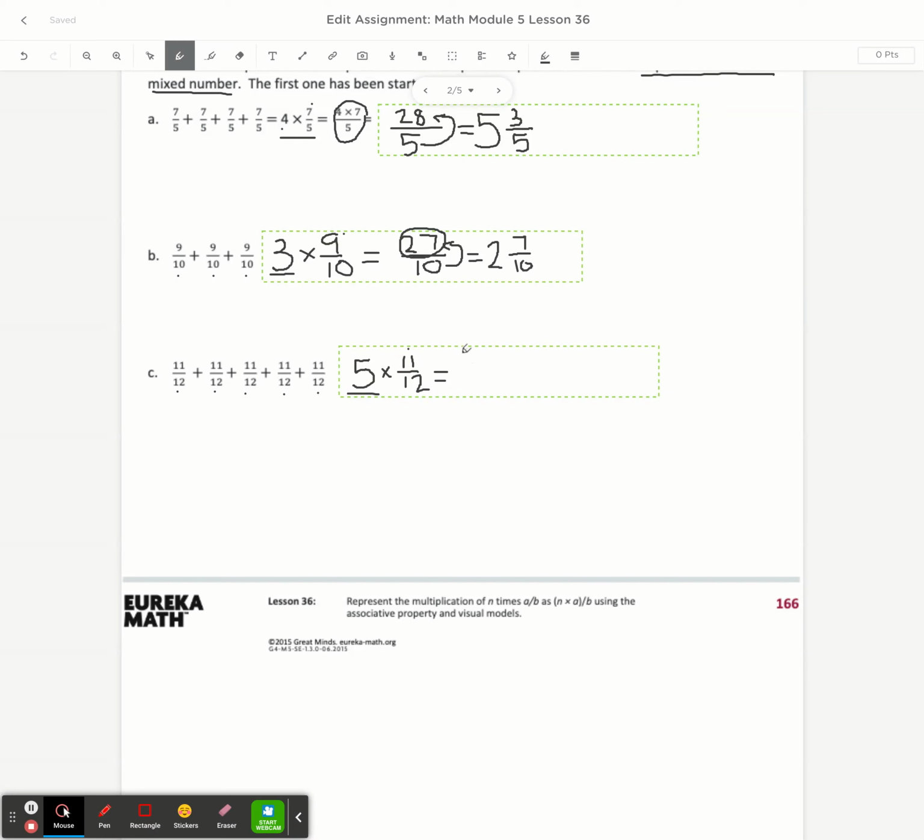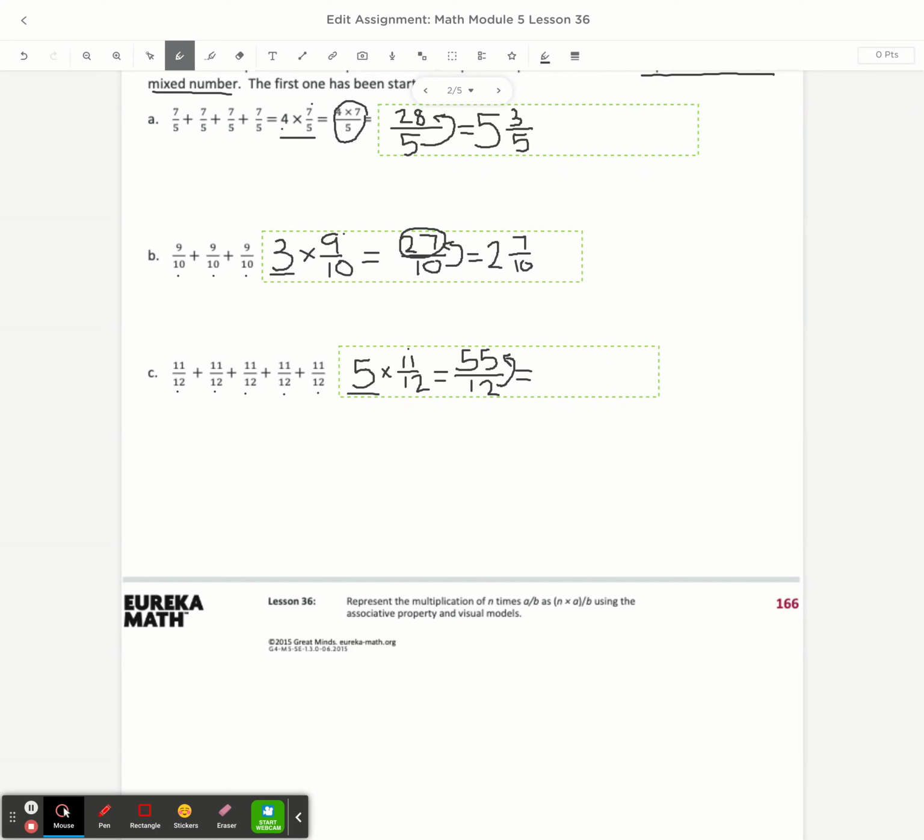So 5 times 11 is equal to 55. And then I just keep my denominator the same. Now I'm going to have to change my improper fraction to a mixed number, and I'm going to do that by first figuring out how many times my denominator goes into my numerator.